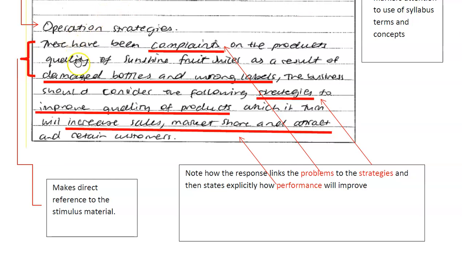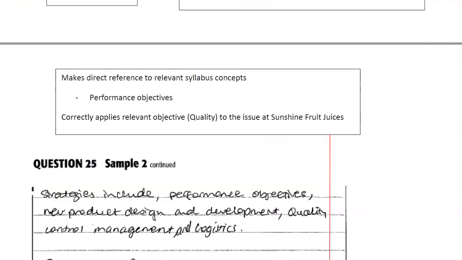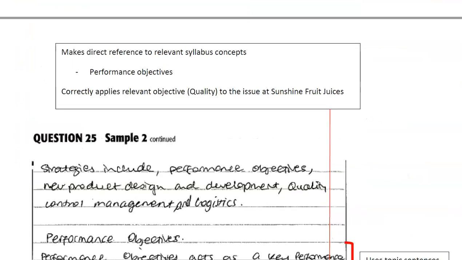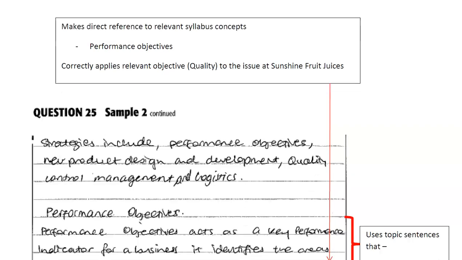In this section here, they're also making direct reference to the stimulus material that was provided in the question. The next annotation is making reference to this syllabus concepts of performance objectives and how it's correctly applying the relevant objective of quality to the issues at Sunshine Fruits.